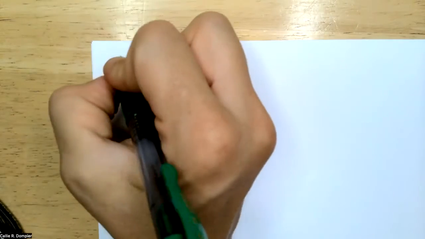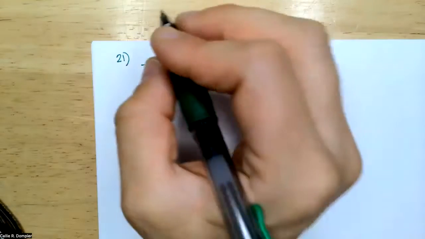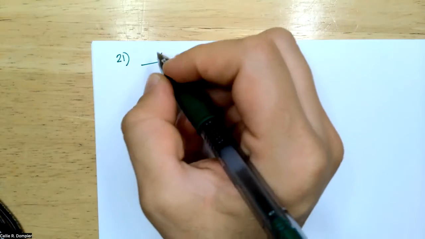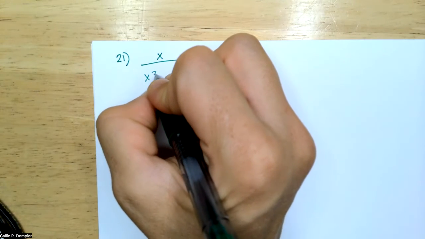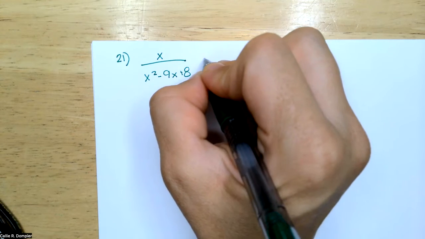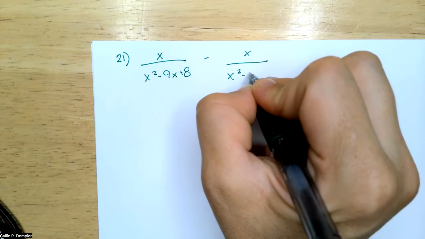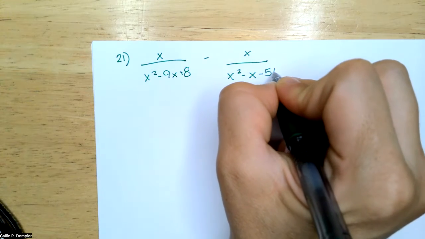21 is already different. So for 21, now the denominators are becoming more complex. So the numerator is just x, but the denominator is x squared minus 9x plus 8, minus x over x squared minus x minus 56.